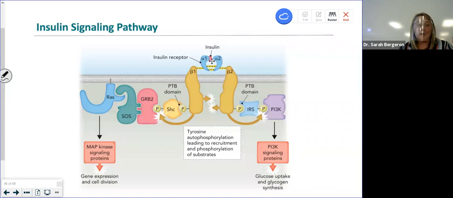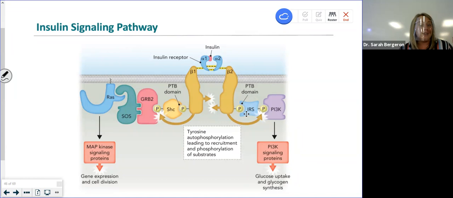So we have our insulin that binds to the extracellular portion of our receptor. And so what you have is an autophosphorylation event, where the kinase activity of one phosphorylates the other, and the kinase activity of this one phosphorylates this one. And then we also said that this kinase active portion of the receptor can actually go in and also phosphorylate adaptor proteins.